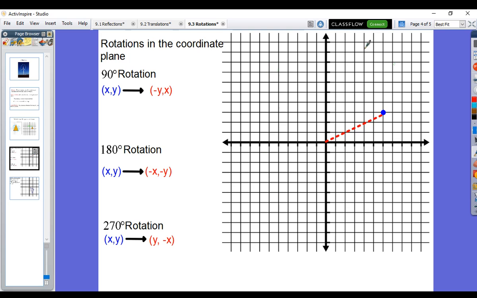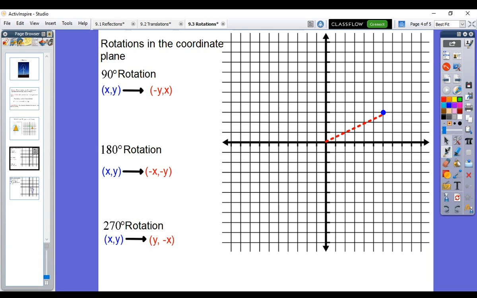Kind of confusing, but something you'll start seeing a lot more when you get into Algebra 2 as well. When we do a 90-degree rotation, we take the values of our original x and y and flip them, and then change the sign of what was the y that's now in the first position, the x.